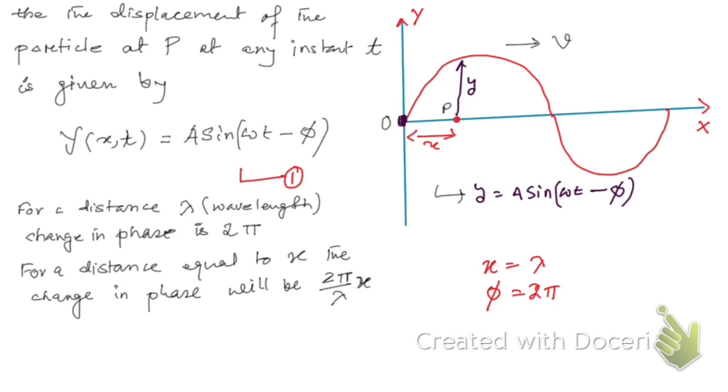Because as I have already told you, when the distance is lambda, then phase change is 2 pi. When it is 1 unit, then 2 pi by lambda.